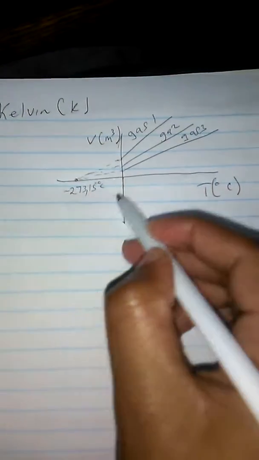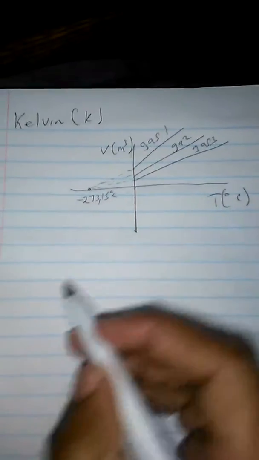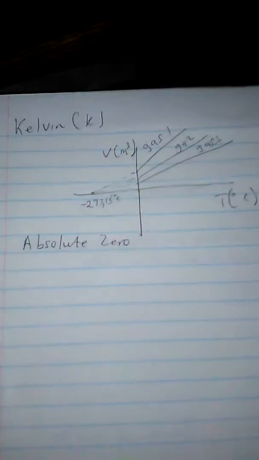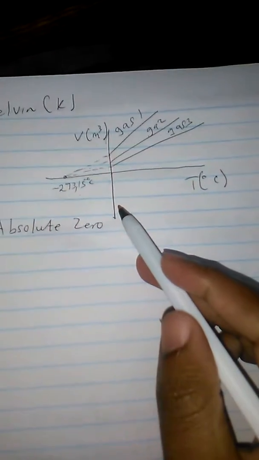As we define matter, we say it must have mass and it must occupy a certain volume. So when they realized that this is the point they get, then Lord Kelvin, after whom this temperature scale is named, said this point is known as the absolute zero, which is the lowest possible temperature on Earth.